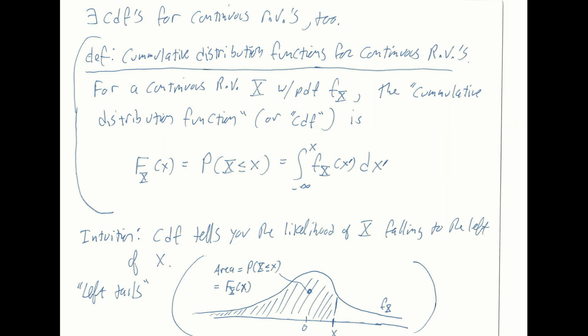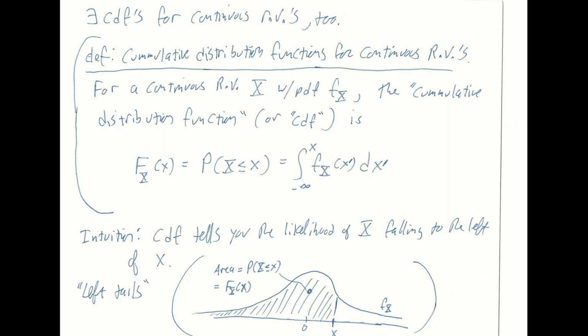Because for continuous random variables, probabilities of intervals are always given by the integral of the density function over that interval, this cumulative distribution function reduces to the form given on the far right of the definition here. The value of big F at little x is going to be the integral from negative infinity up to little x of f sub x, x prime dx prime.